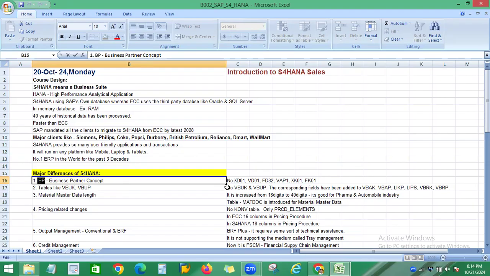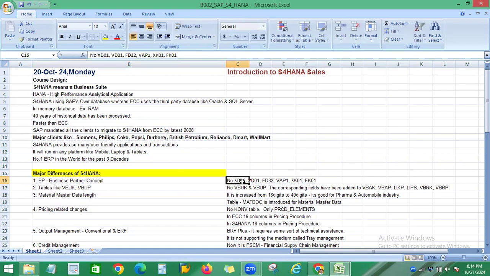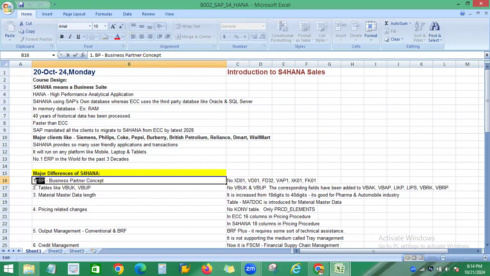With respect to master data, we have many T codes, and all of them are replaced with one T code, that is BP, called the business partner concept. Guys, in SAP ECC the business partner concept is also there.